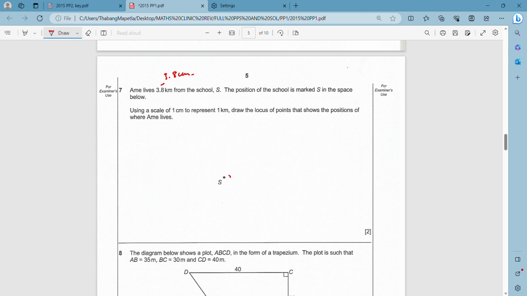Just make a complete circle. That will be our locus, and then 2 marks will be awarded. So we're going to have something like that, but you will be doing it with a compass. Mine is not perfect, by the way, because I'm not perfect. And yeah, the radius should be 3.8 centimeters. So yeah, that's pretty much it.